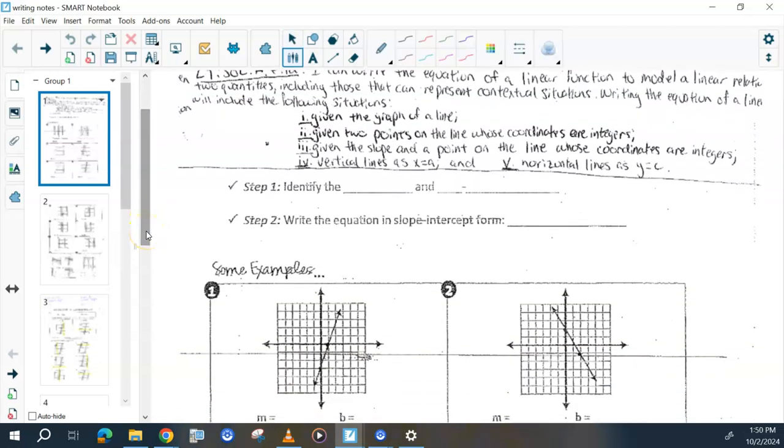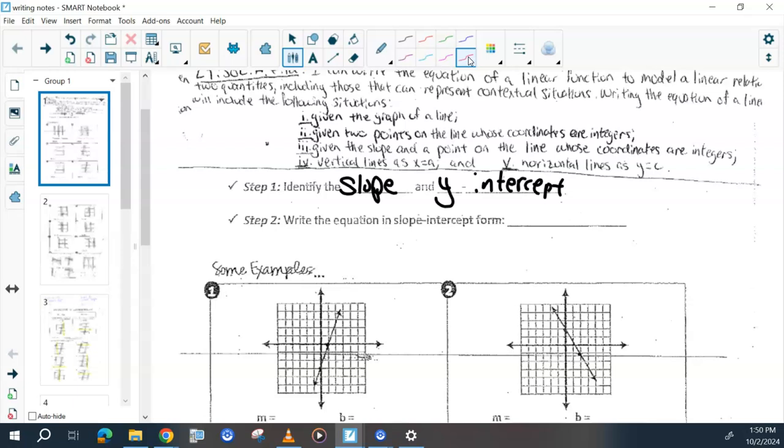So we're going to do a few of these. The first part, writing an equation from a graph. To do this, we have to identify the slope and the y-intercept. Once we have those 2 things, we're going to write this in slope-intercept form, which is what?